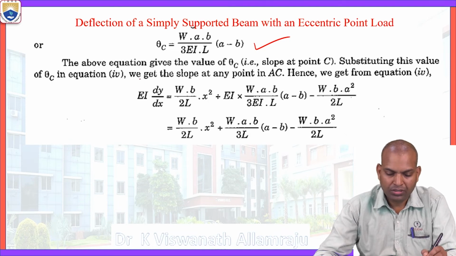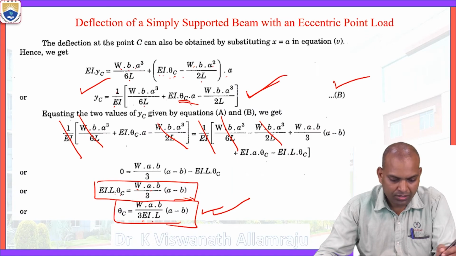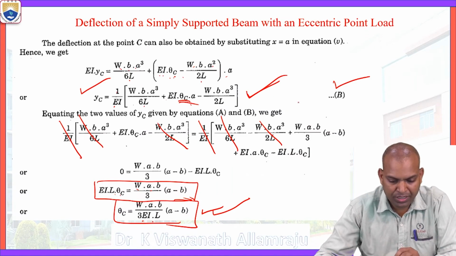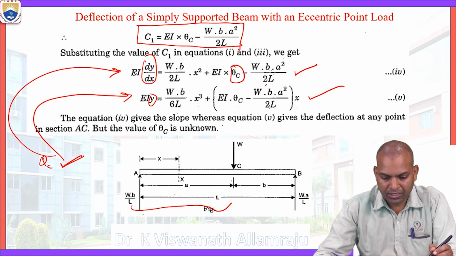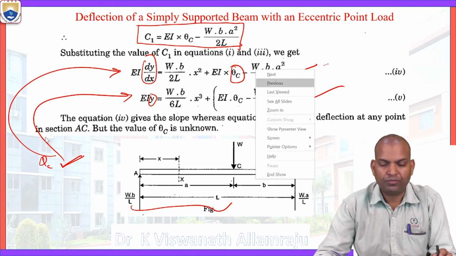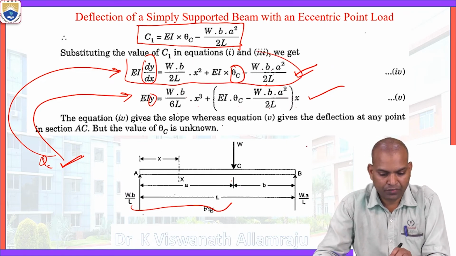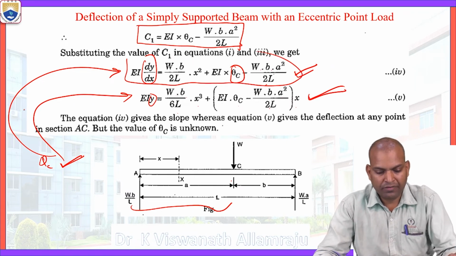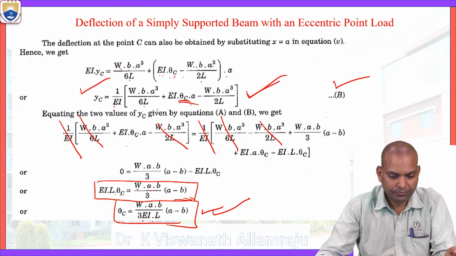What is equation 4? Or you can substitute in B also and simplify. Where is equation 4 here? This is the slope equation with the theta C value. Equation 4 is wrong here; deflection equation 5, if you substitute, deflection will be obtained.